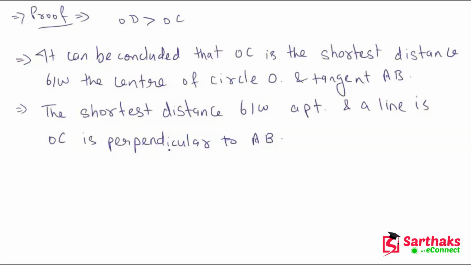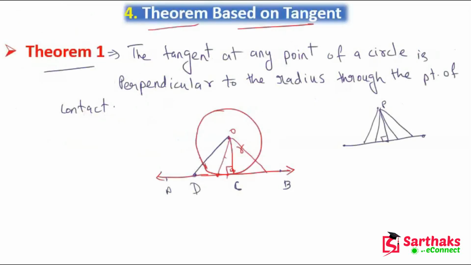I hope you understand this concept. This is theorem 1. This theorem states that the tangent at any point of a circle is perpendicular to the radius through the point of contact.